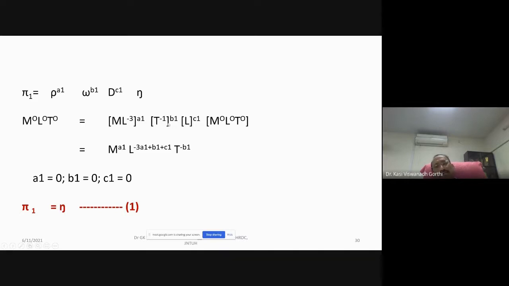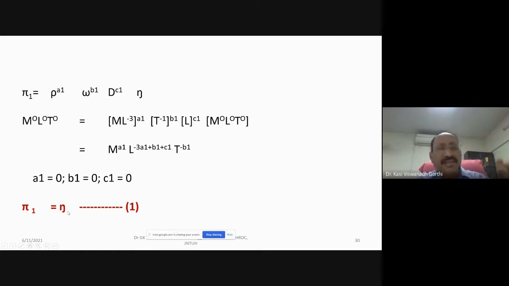Omega, T to the power minus 1 to the power B1. D, the diameter, L to the power C1, into eta, the efficiency, M power 0, L power 0, T power 0. So when you group all the terms and compare, you will be getting A1 is equal to 0, B1 is equal to 0, C1 is equal to 0, which indicates that pi1 is simply equal to eta.